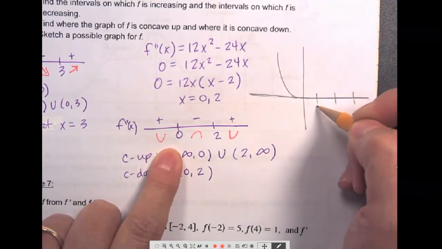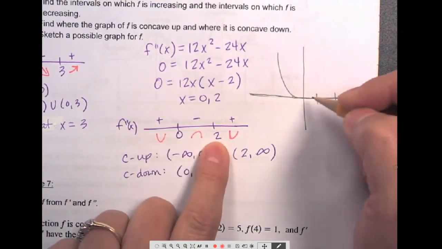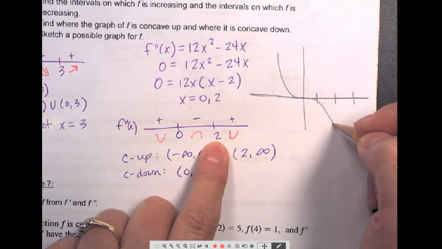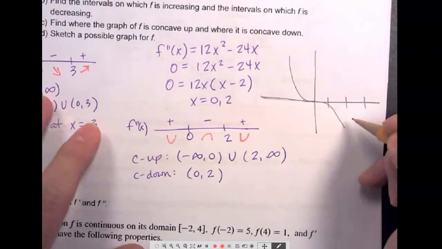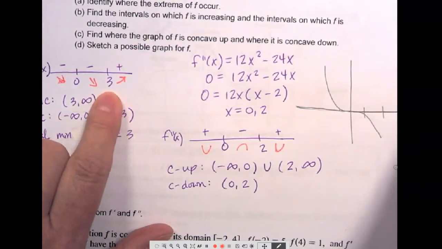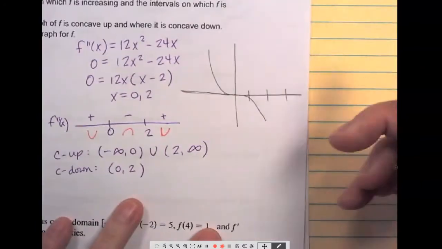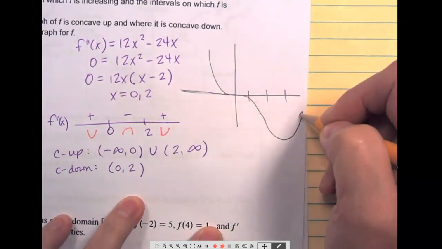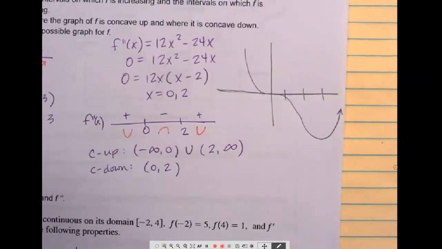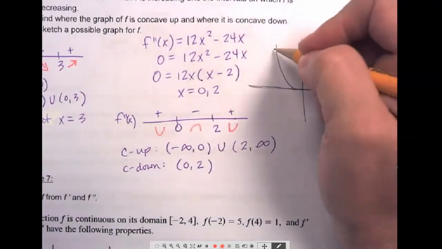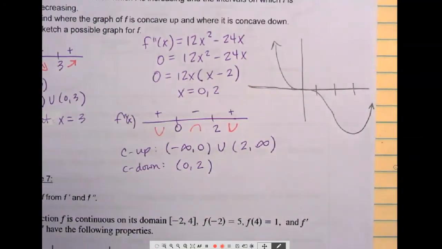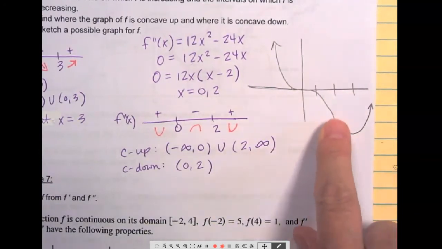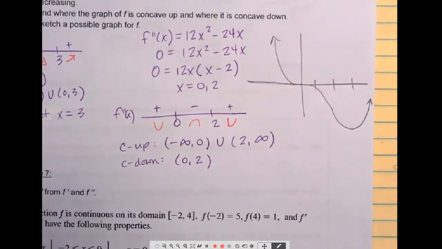Now I'm going to be concave down until I get to 2, and then it's going to become concave up. I had that minimum at 3, so I'm going to come down here and hit a minimum, something like that. Point of inflection at 0, point of inflection at 2.